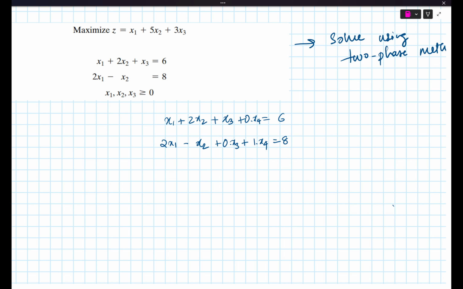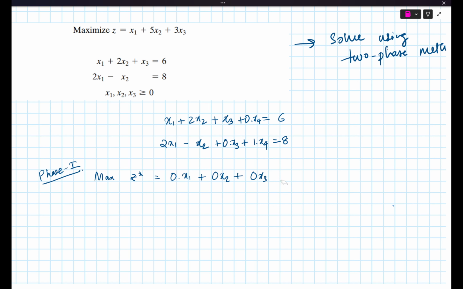So in the two-phase method we have phase 1 and phase 2. In phase 1 we change our objective function. So how do we change that? You write your max z star equal to 0x1 plus 0x2 plus 0x3, plus we have an auxiliary variable.